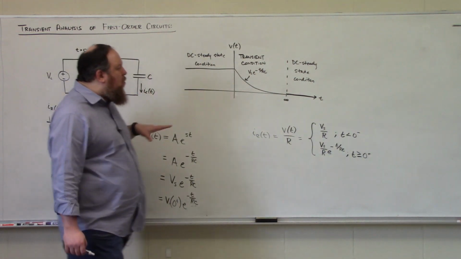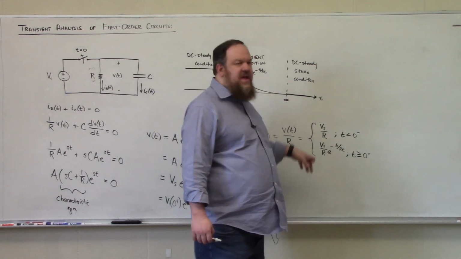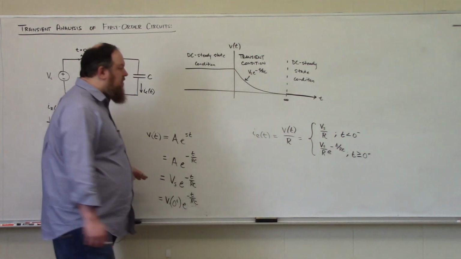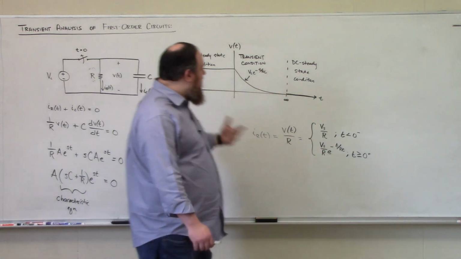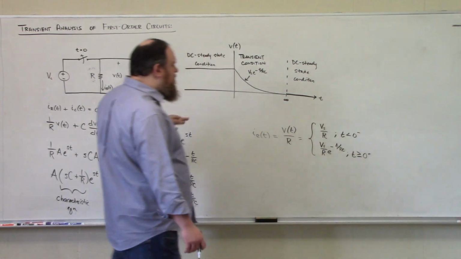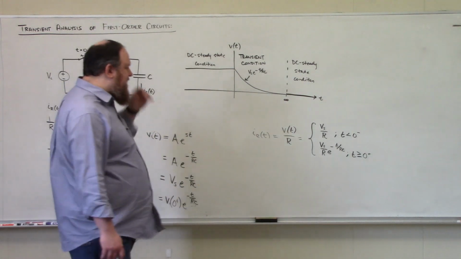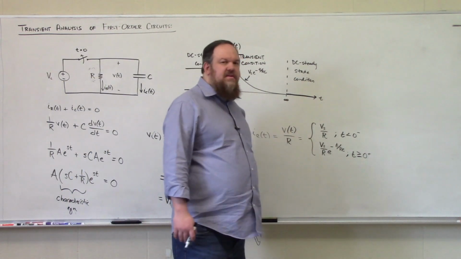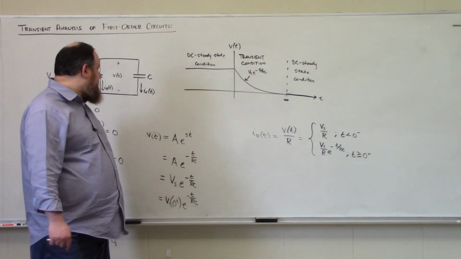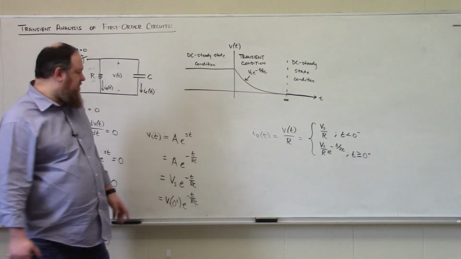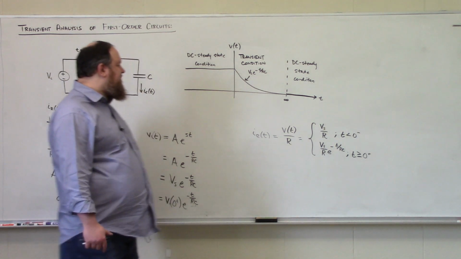So we can well define the behavior of the capacitor and resistor voltage for all time, as well as the resistor current. Now I want to point something out here, and that is that the current flowing through the resistor is of the same generic form as the voltage drop over the resistor and the voltage drop over the capacitor.